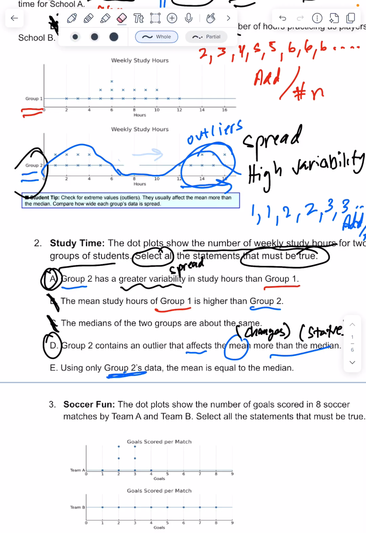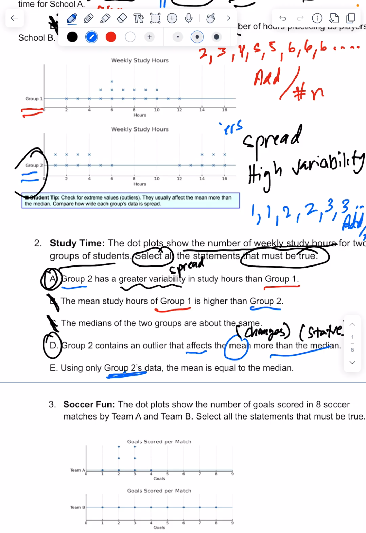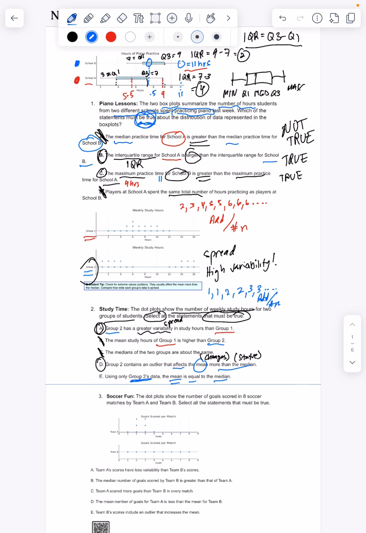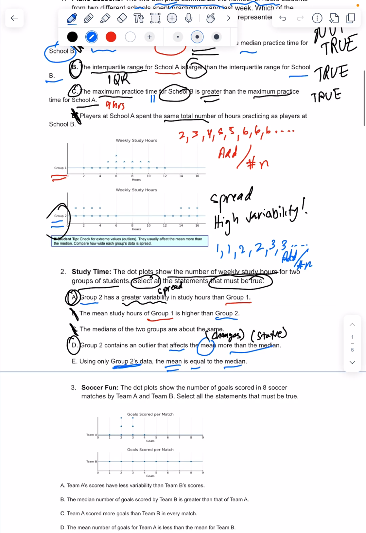Again, I'm going to erase this to visualize it. It says the mean is equal to the median. Well, the only time the mean is the same as the median is when we have a symmetrical distribution.